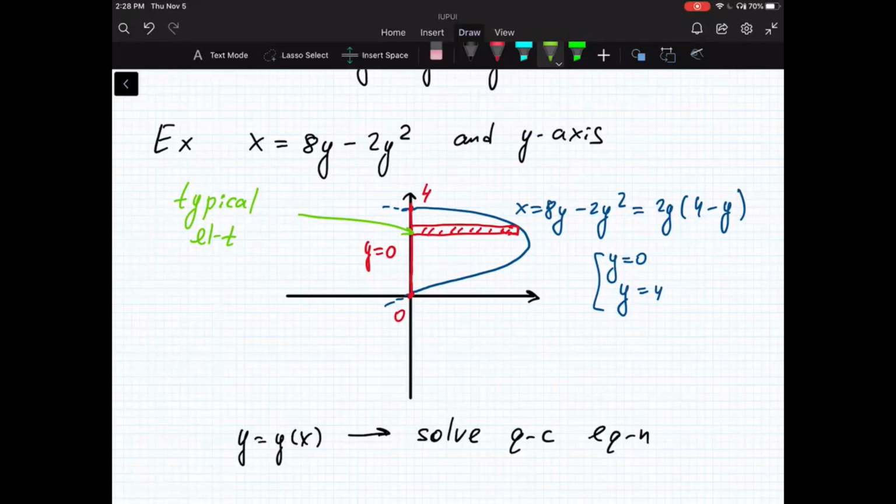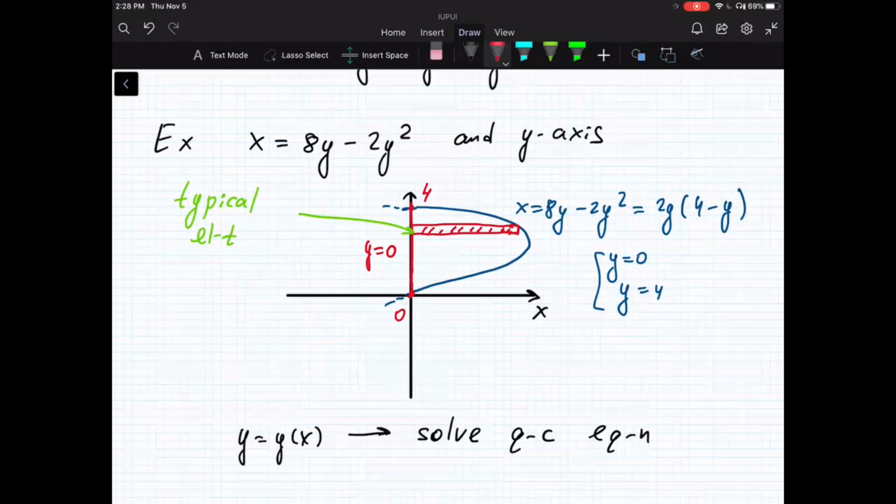What about the area of this rectangle? So before, we split our interval from A to B into small pieces, but interval AB was an x interval, while here I have a y interval. So my base now is not dx, but dy. And what about the height?